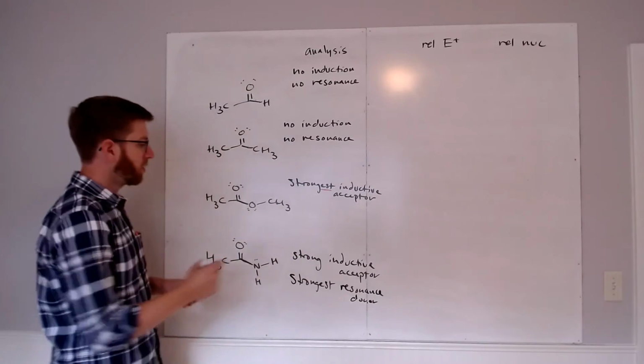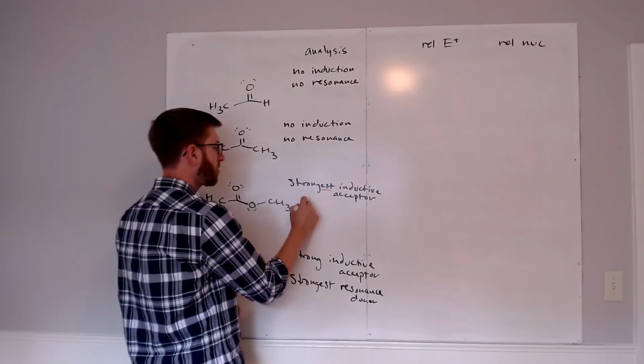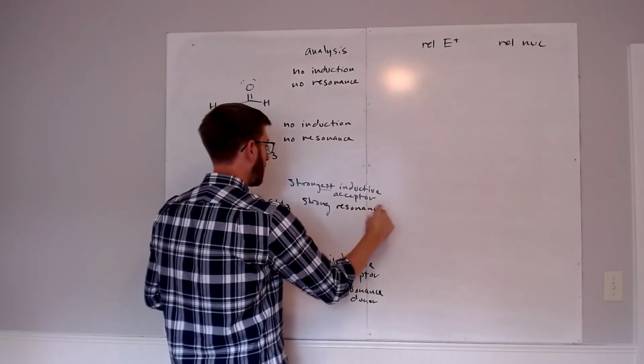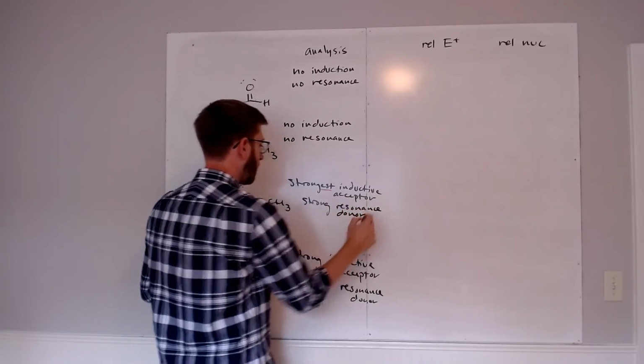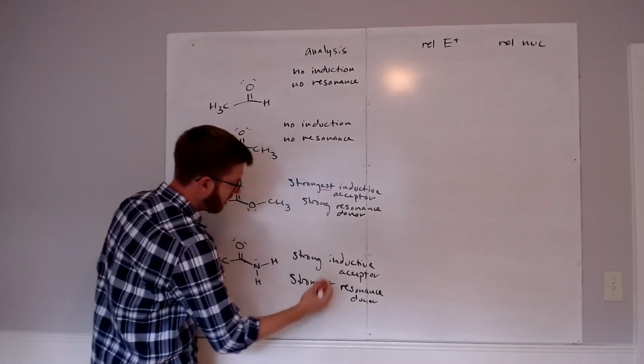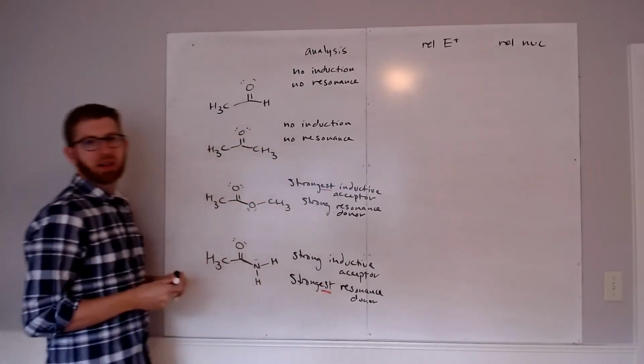Okay, so the strongest resonance donor for the NH2, strong resonance donor for the methoxy group. I'm just going to underline my EST again to make sure that we keep track of that since it's important.